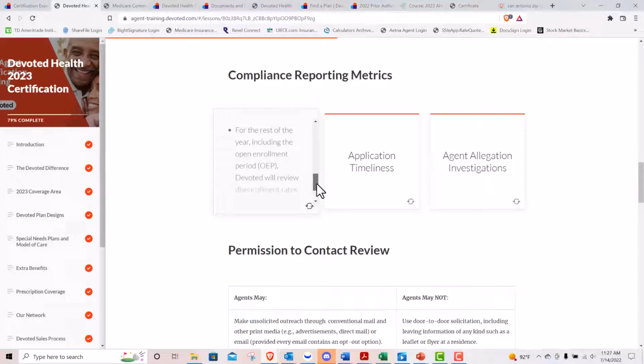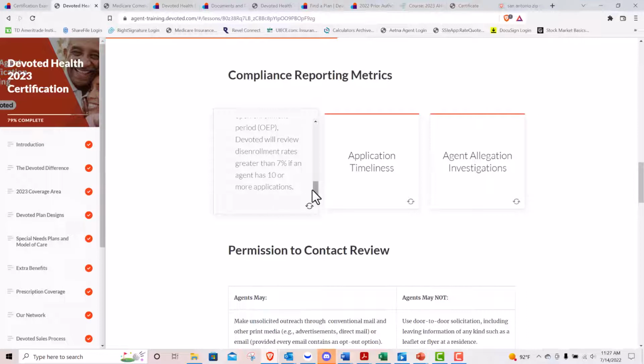For the rest of the year, including the OEP, it's disenrollments or 10 or more applications. So I guess it's an or. Now this one's an and, but this one's an or. Devoted, this is greater than 7% if an agent has 10 or more applications.